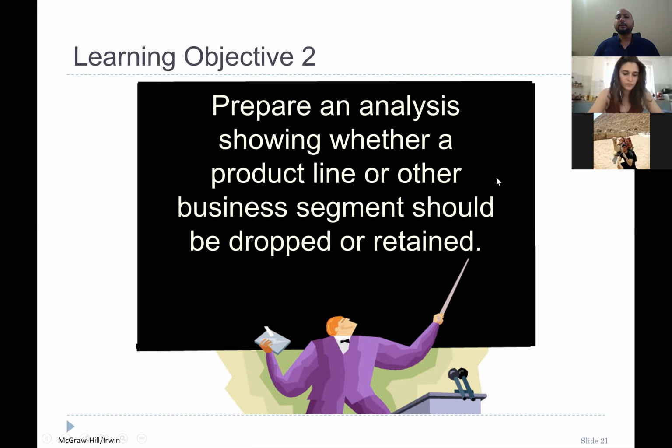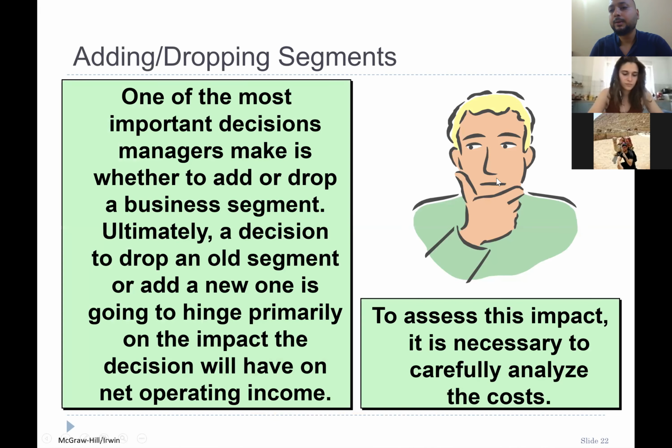It is the most common use of relevant costing in making this kind of decisions by the manager. So adding or dropping a segment: ultimately the decision to drop an old segment or add a new one is going to hinge primarily on the impact the decision will have on net operating income.